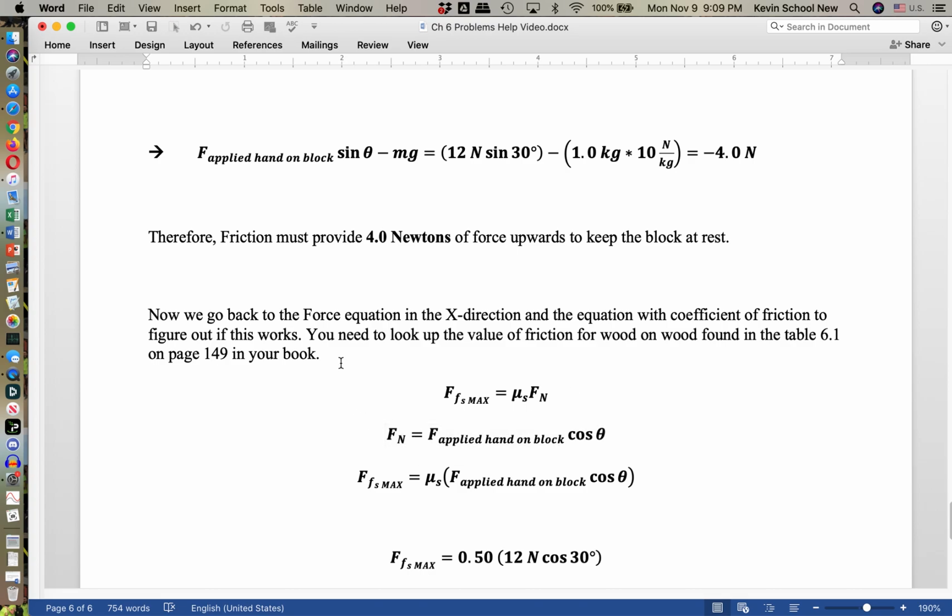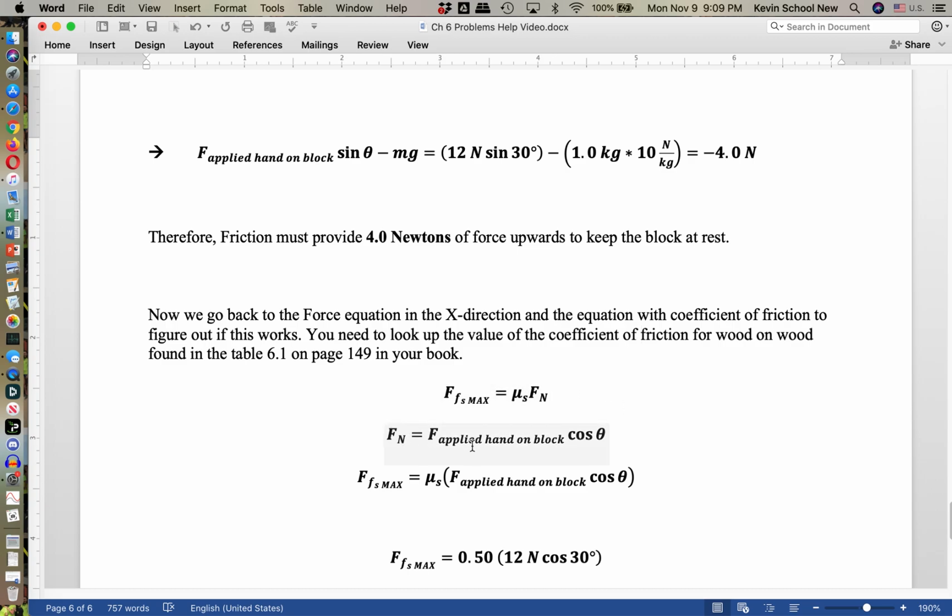So I'm going to also then have to look in my book for the wood-on-wood coefficient of friction. I should probably have that written in there. So that's something you look up in your book on a test. That number would be given to you. But that's a number we can look up.